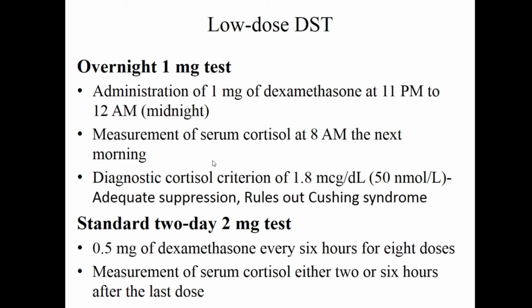If the dexamethasone is already there in the blood, the glucocorticoids are already there in the blood, what will happen? Now the hypothalamus says, I don't need to secrete CRH, the corticotrophin releasing hormone. That means the hypothalamus will be suppressed. If the hypothalamus is suppressed, will the ACTH be produced?